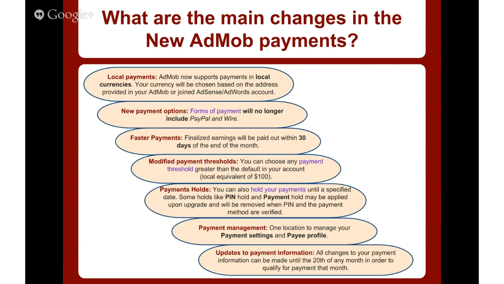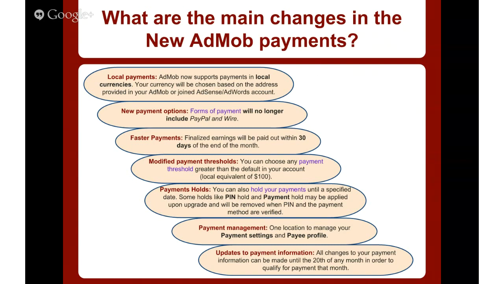So you probably wonder what the main changes or advantages of the payments in the new AdMob interface are. One of the main things is you finally will be able to get paid in the local currency. What we mean by local is the currency of the country in which your AdMob account is registered.